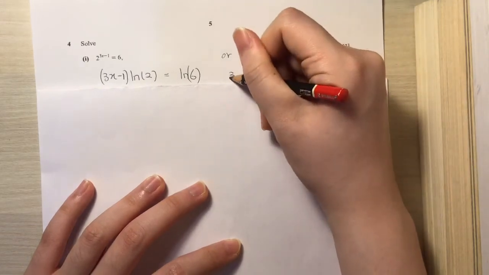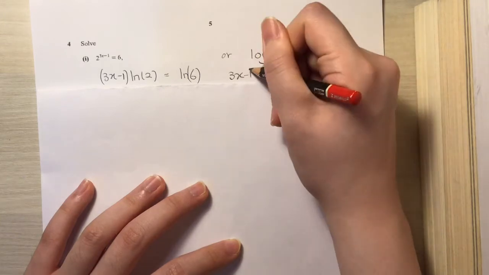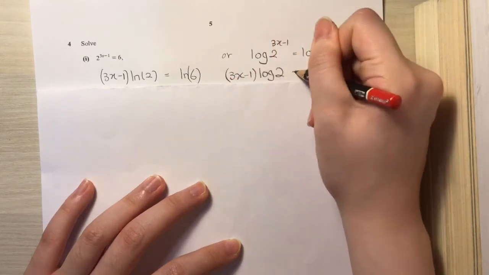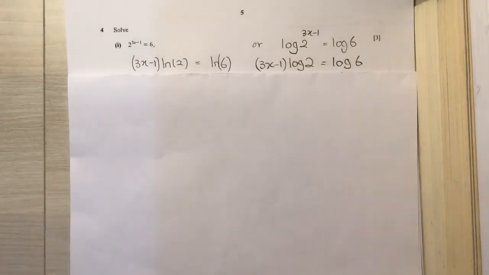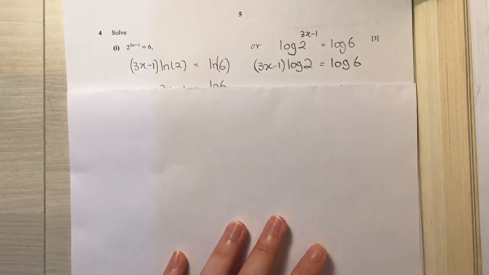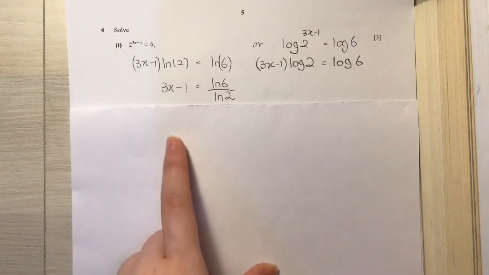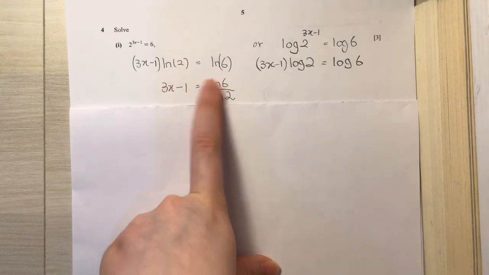And then same, you shift the 3x minus 1 down from the top, and it gives you an equation like this, which are pretty similar. It doesn't matter, either way works fine. And here you just have to shift your ln 2 to the bottom of ln 6.